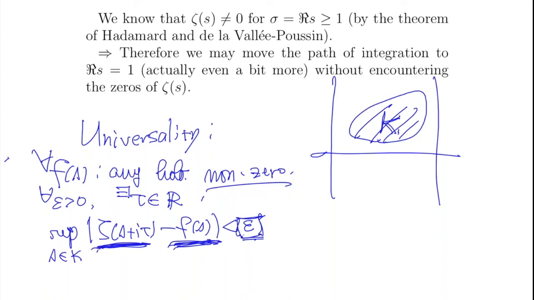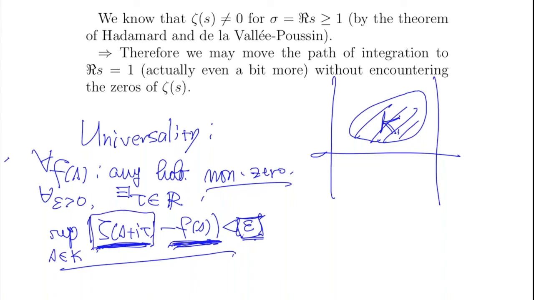This means that the Riemann zeta function is very, how to say, so usually to prove some theorems in complex function theory, our usual strategy is to find some nice function which can approximate the target function. But the Riemann zeta function can approximate any function.